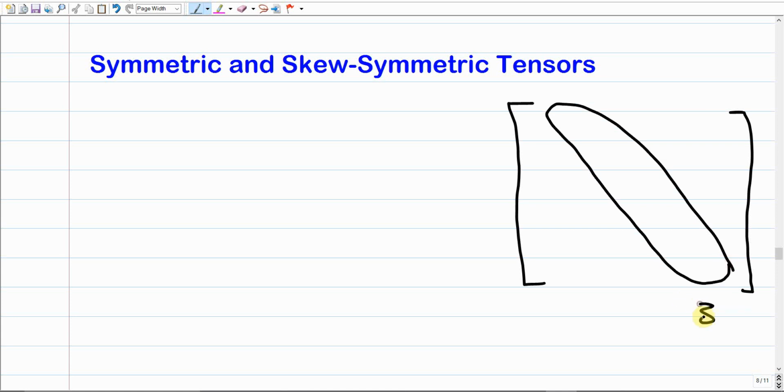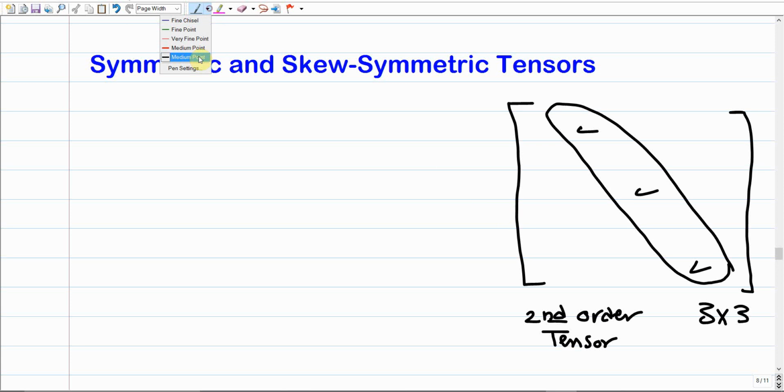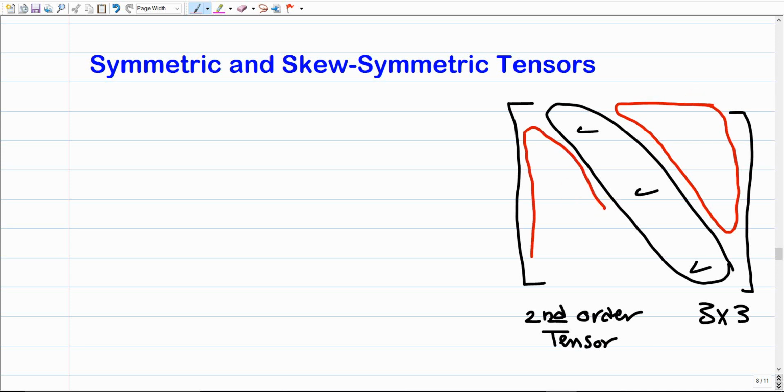If we talk about the 3 by 3 matrix, which is the second order tensor, we have 3 components located on the diagonal, and also three other components located outside the diagonal. These components located outside the diagonal are known as the off-diagonal components.